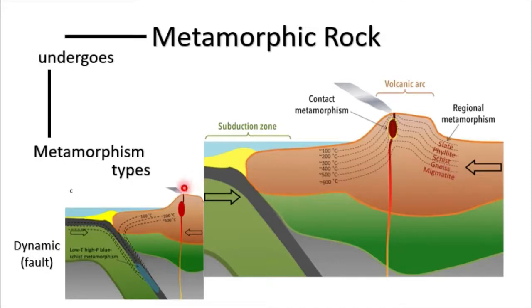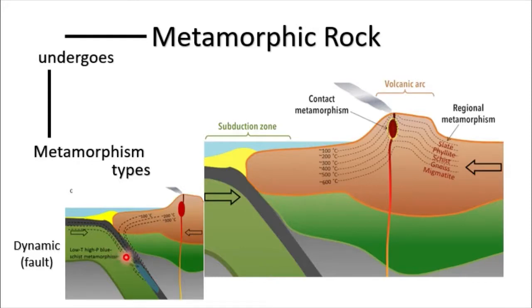Now the third type of metamorphism only occurs during a fault. That's why it's called dynamic metamorphism. While it is true that regional metamorphism is produced due to the pressure of the crust of the earth, when a fault is sliding or passing each other, it can also create pressure on the crust.